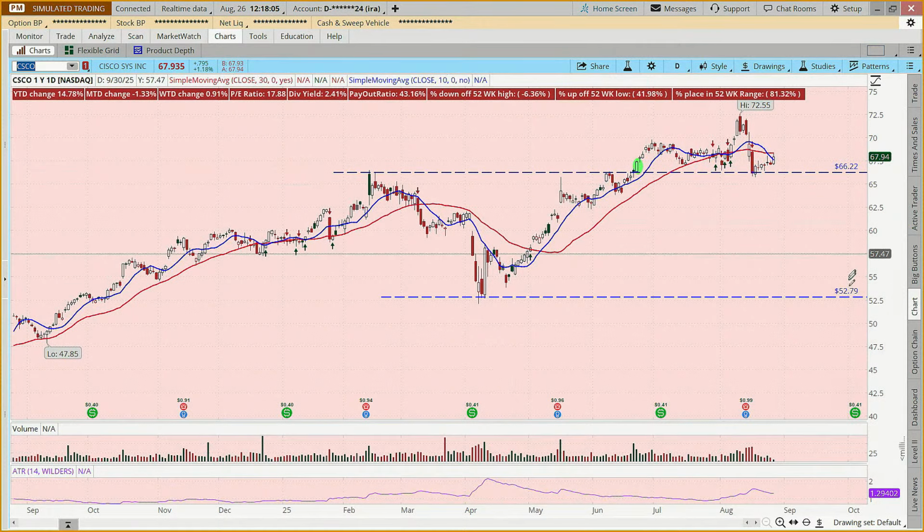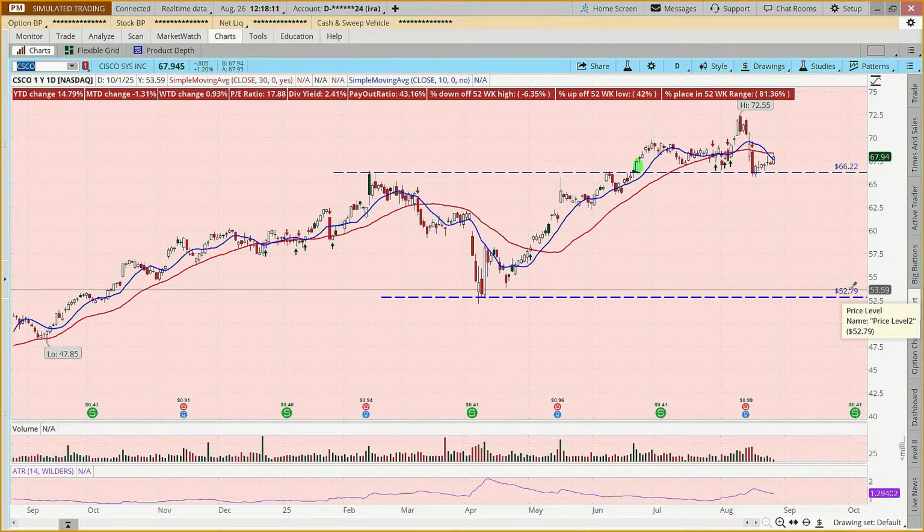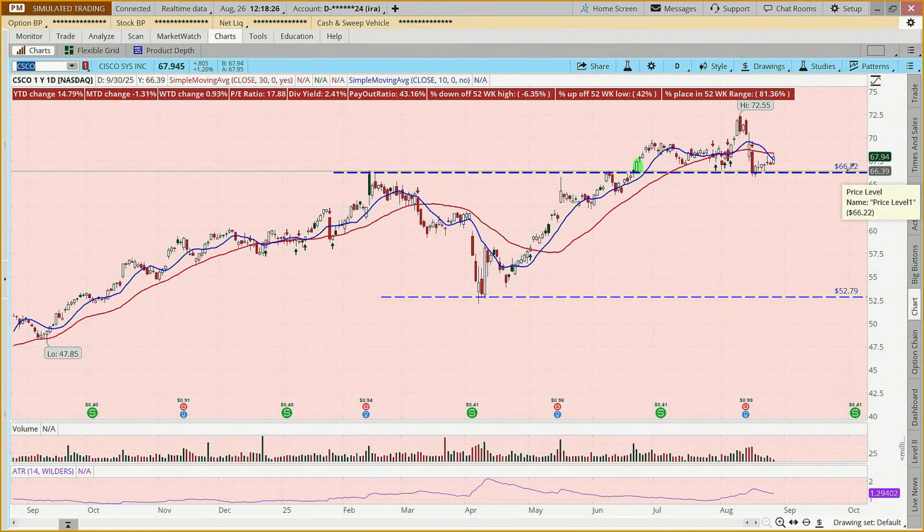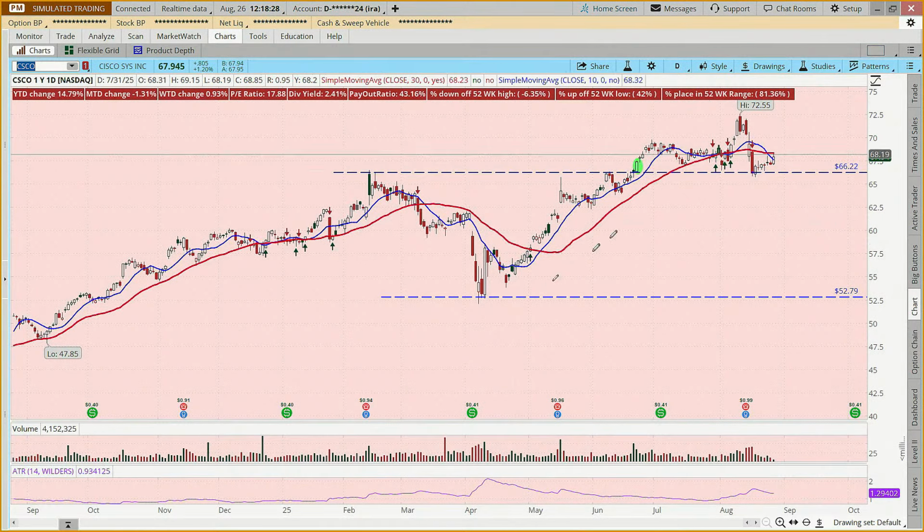So that's about a $13, $14 move. If I take 66.22 and subtract 52.79, about 13.43 is our range here. So if I add, say, $13 to this, 79 could be a target. But maybe I want to be more conservative.